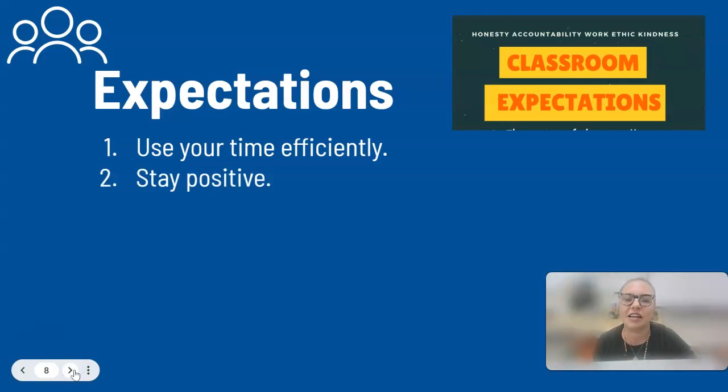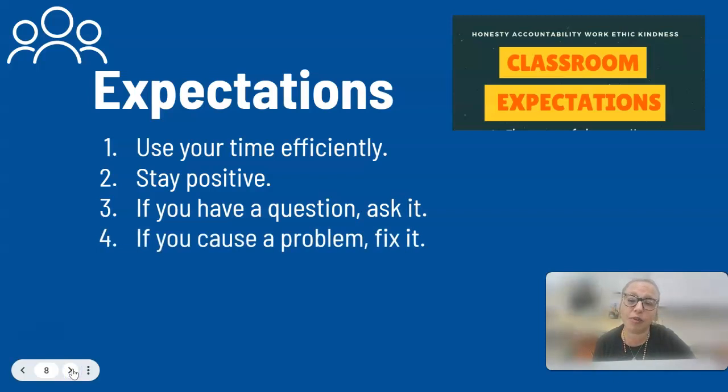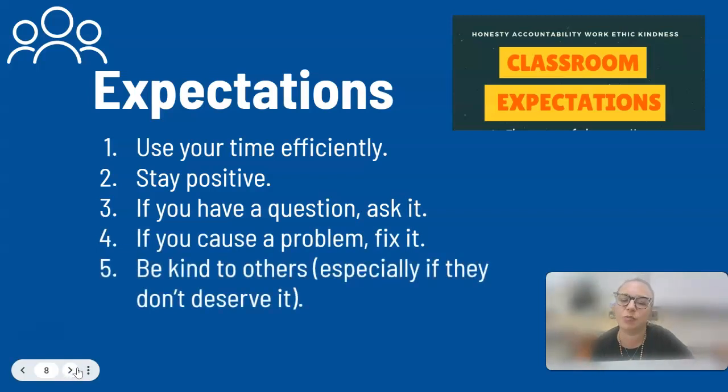Know that a positive environment is going to help you to be more productive, to use your time more efficiently. So stay positive. If you have a question, ask it, is the third expectation. 4, if you cause a problem, fix it. And 5 is be kind to others, especially if they don't deserve it. Treat others the way you want to be treated.